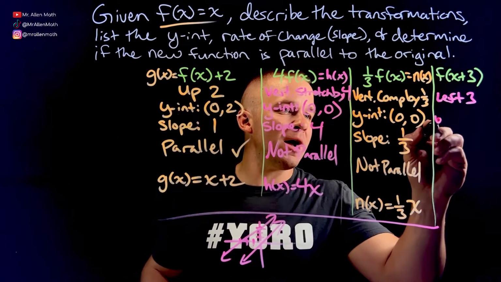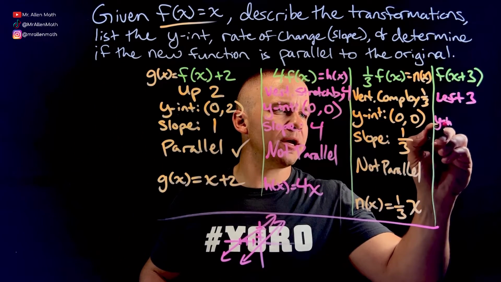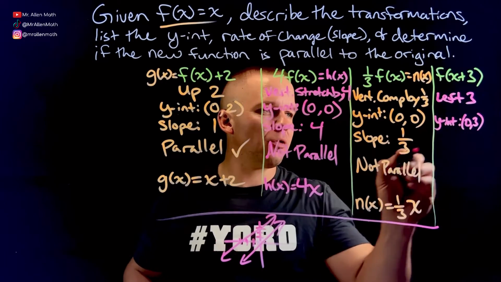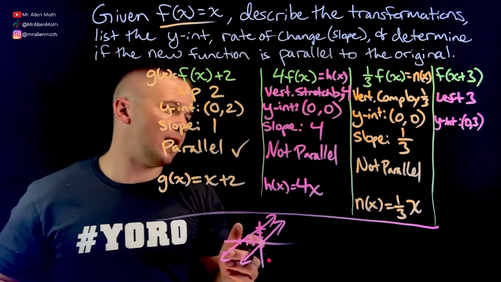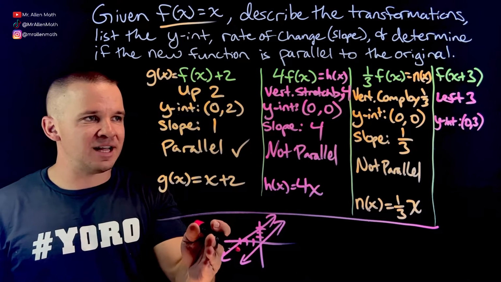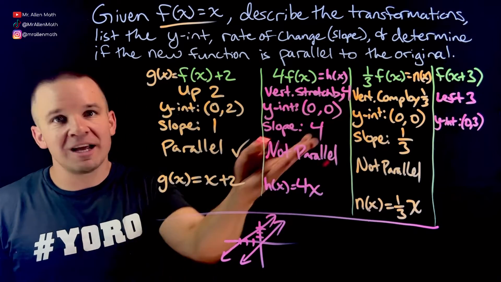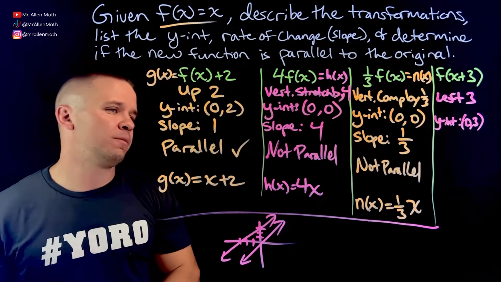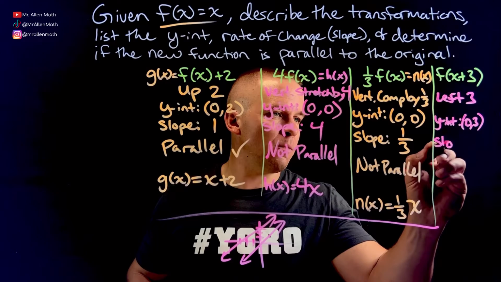So my y-intercept is (0, 3). I shifted it to the left 3, which then hits positive 3 up there.